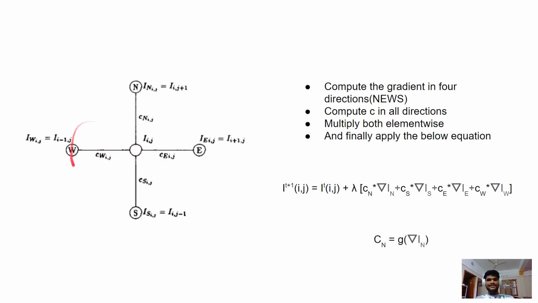So this contribution becomes 0, but we still have 3 directions contributing. Because 3 directions are contributing, we add the appropriate value to this, whatever we get from here, and after adding that to the current pixel, its intensity value will increase.